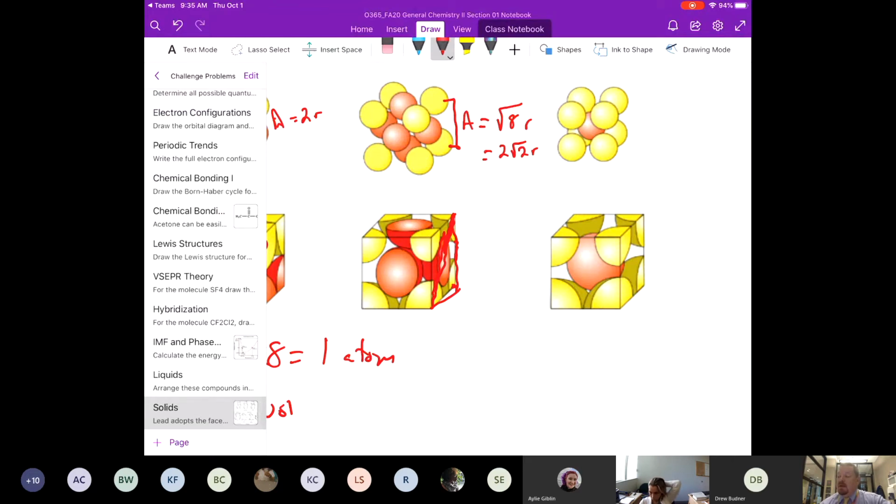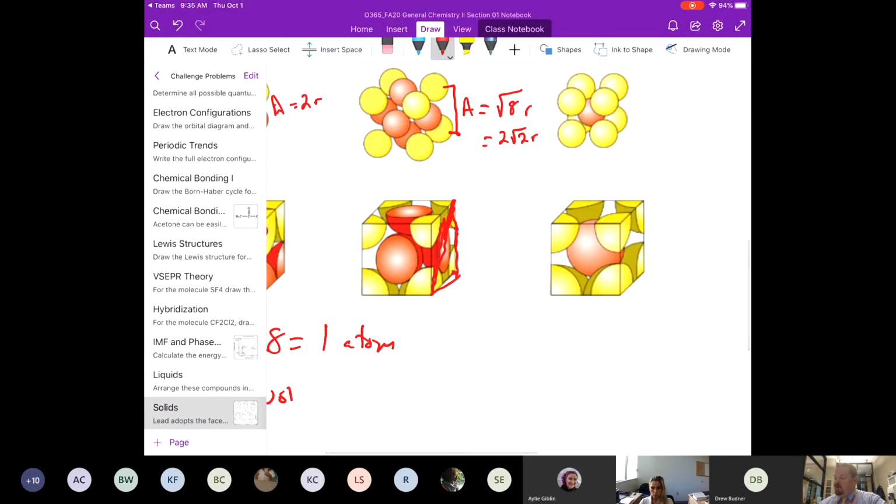The length of this side is the square root of 8R. So we're going to take the radius of the atom, multiply it by the square root of 8. Right? Now, that's A. If we go back to the number of atoms within this box, we still have 8 atoms at the corner that have 1/8 of the material in there. But now we have these 6 faces.